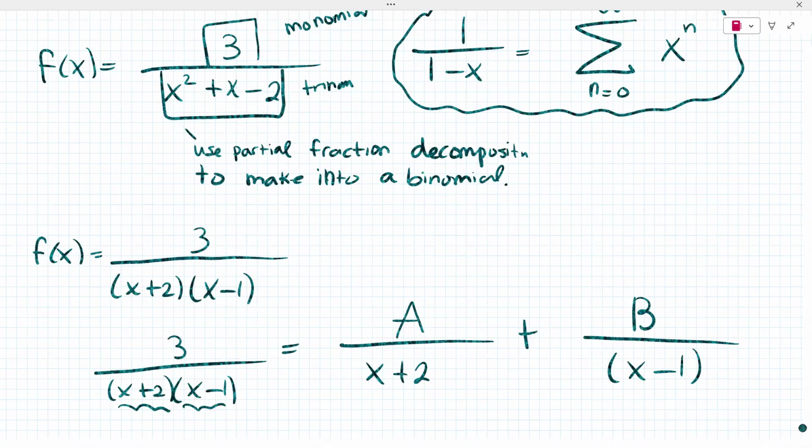Now what we're going to do is solve for a and b, but first we must get rid of the fraction by multiplying all sides by the LCD, right? So what is my LCD? Yes, it is x plus 2 and x minus 1.